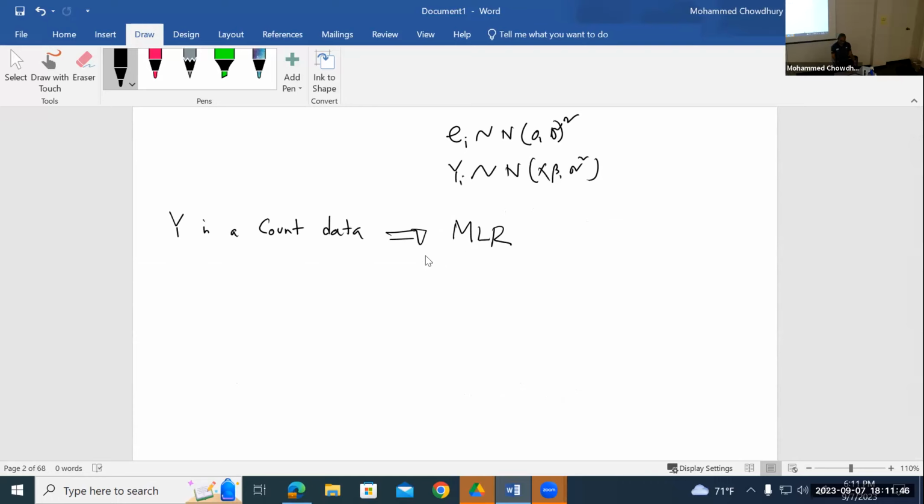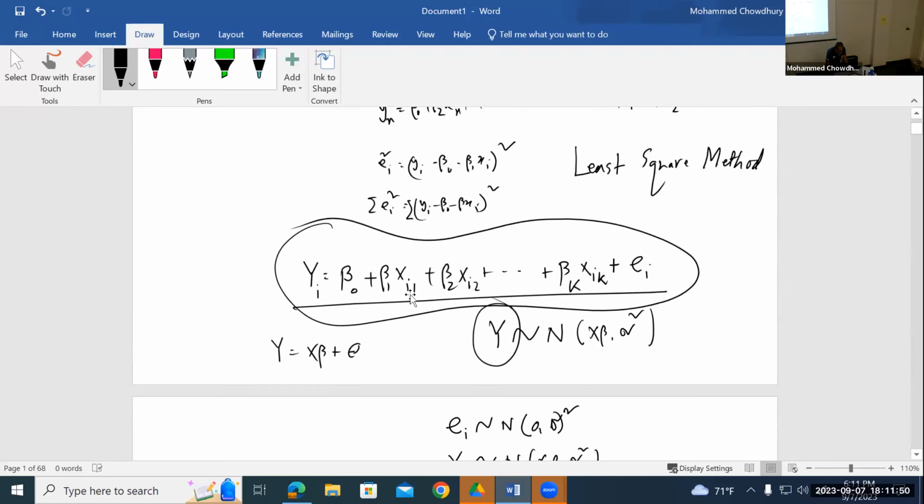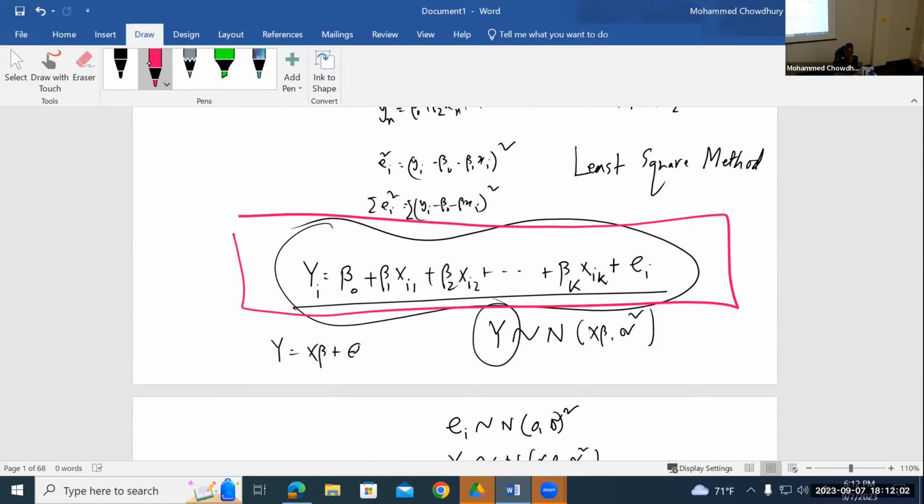So how can I write Poisson regression in this beautiful format? This is a multiple linear regression model where the response variable is a quantity following normal distributions. How can I write the Poisson regression in this format? That is the challenge now.